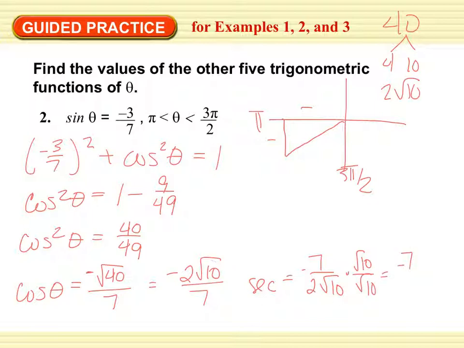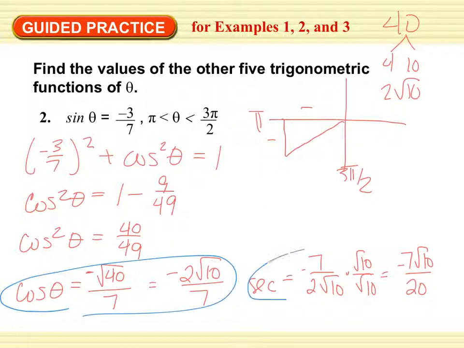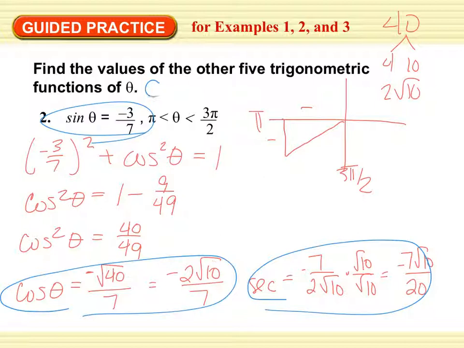Gives me negative 7 square root 10 over 20. Can't simplify that. So I've got cosine, secant, sine. So your cosecant is going to be a reciprocal of this, negative 7 over 3.